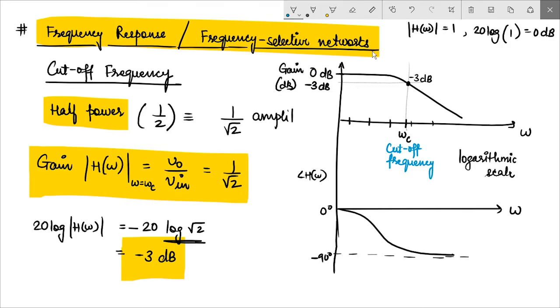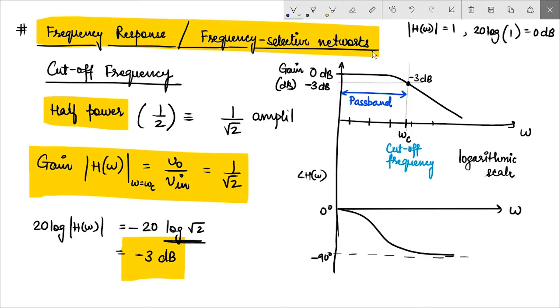Now, as said earlier, the range of frequency for which the gain remains almost constant is called the bandwidth. So typically, this range of frequency for which gain is above minus 3 dB is called the pass band. And for a low pass signal, this would also be the bandwidth.